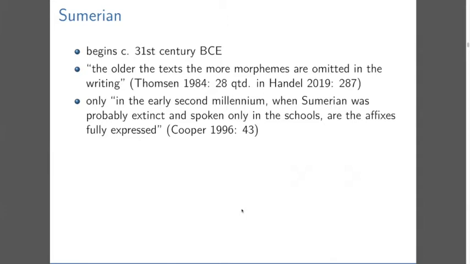Whereas, in particular, in this bilingual context of Akkadians having to learn Sumerian as a second language, they felt the need to spell everything out. So I think that's a useful story to keep in mind, which means that apparently isolating graphic information does not necessarily say anything about what the morphological profile of the language was.